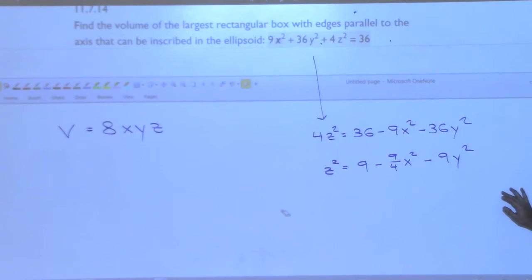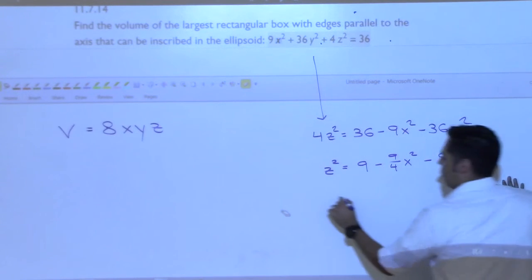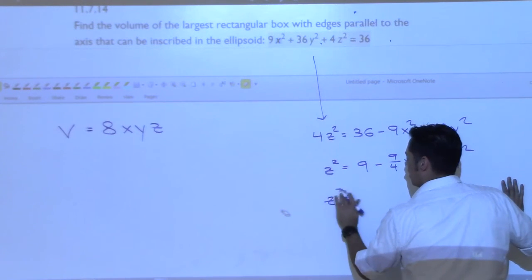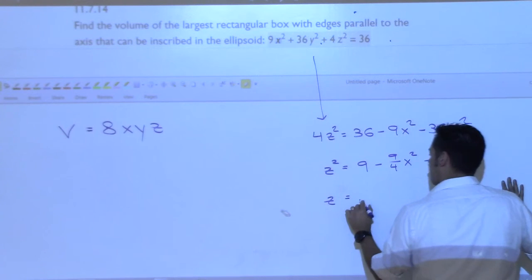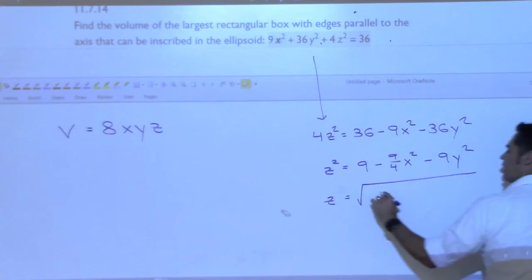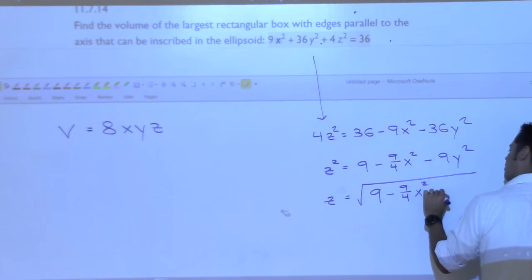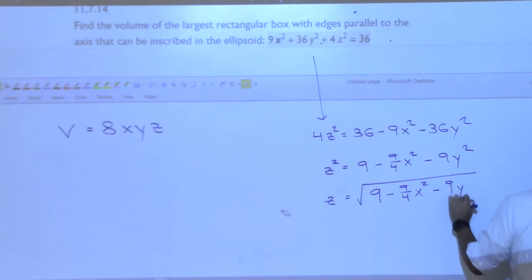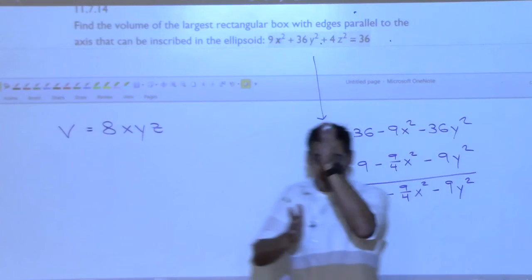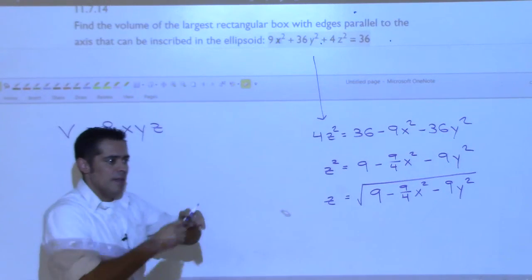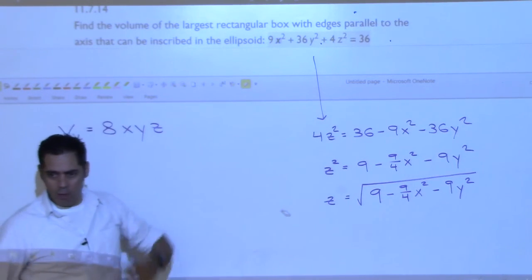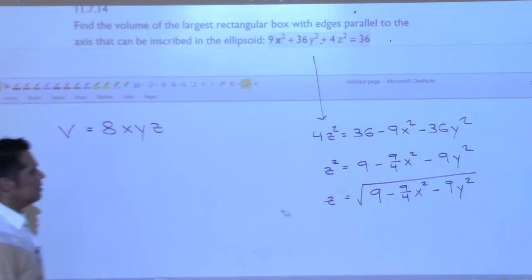And then finally, you have to take the square root. z equals square root. Now, I'm only going to do the positive because I'm going to assume that in the box I'm drawing, the z is up, and then all the other copies go into the other octants. So there it is.